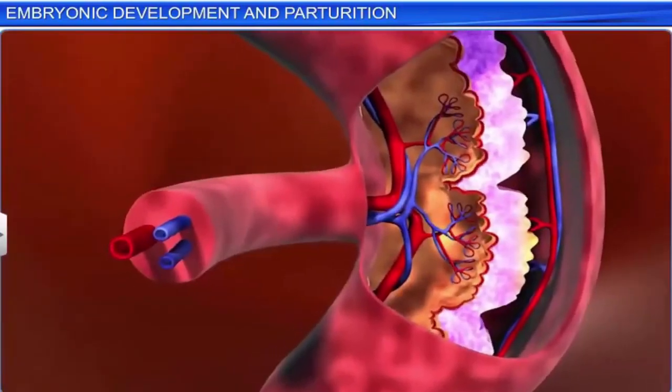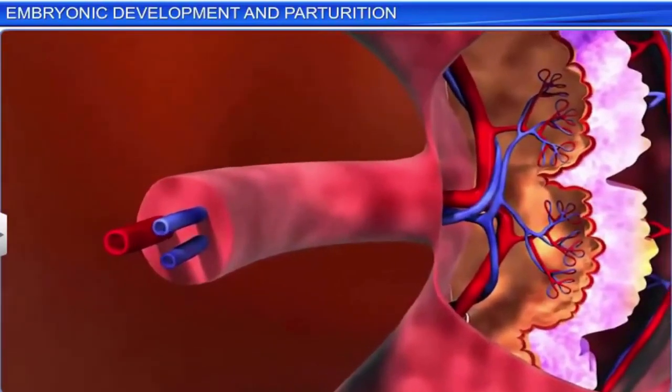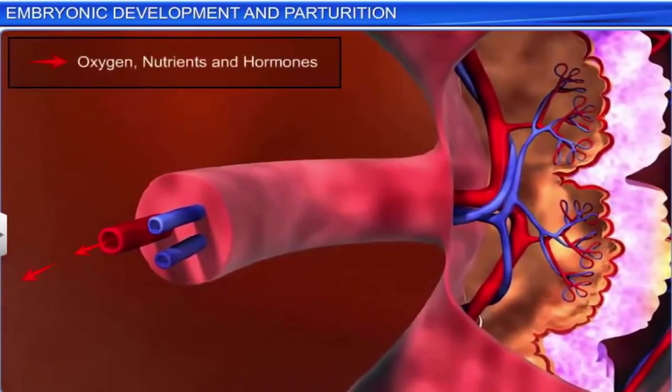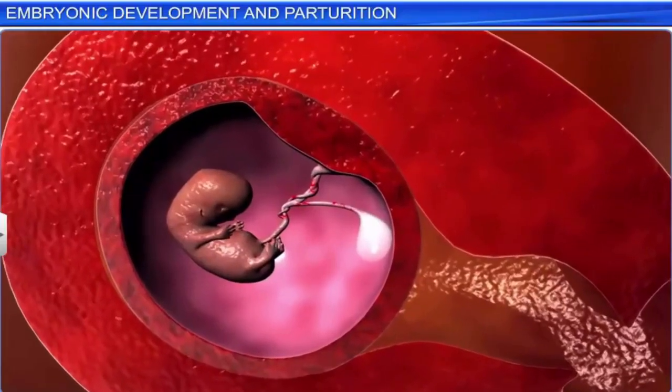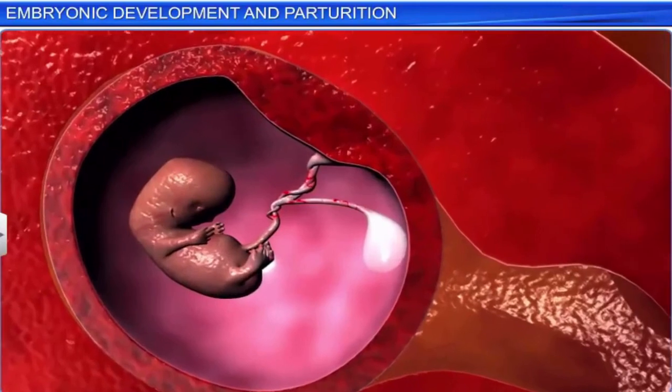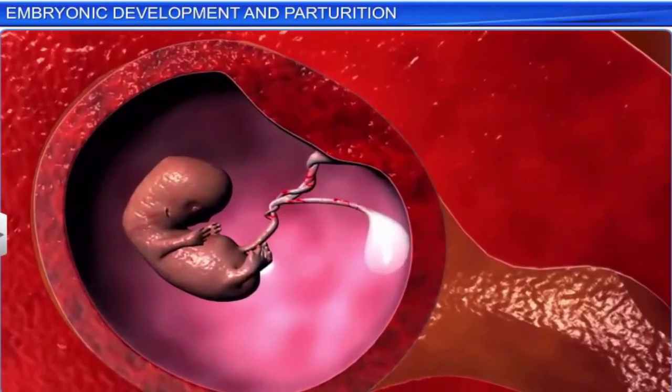The placenta is an important structure that supplies the embryo with oxygen, nutrients, and hormones, as well as carries waste products from the embryo back to the mother. The embryo stays inside the uterus for 9 months, which is called the gestation period.